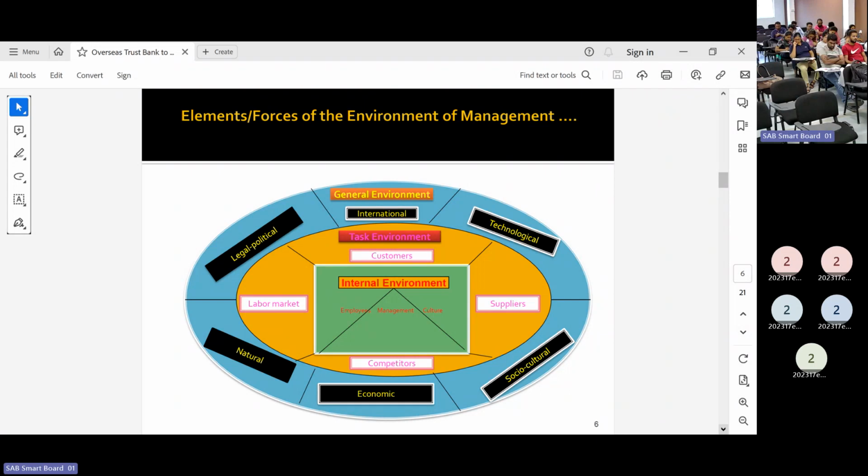In the external environment, there are two circles. The immediate circle presents the task environment. We described that and identified similar elements also. Now here in the diagram, the similar things are placed. These are the six macro environmental, general environmental forces or dimensions, started with international or global dimensions. Then technological, economic, socio-cultural, legal, political, natural.